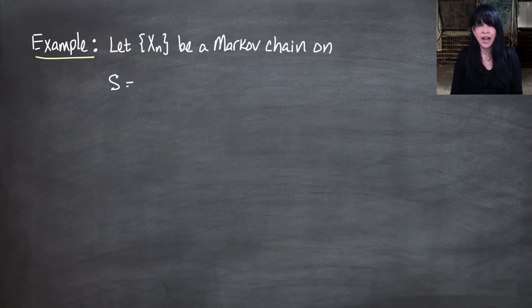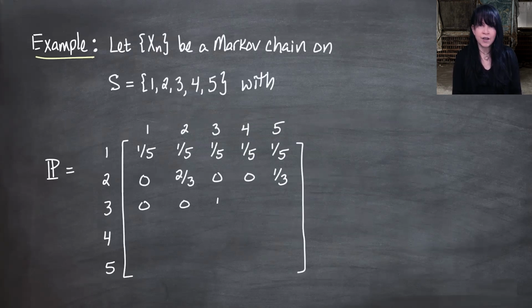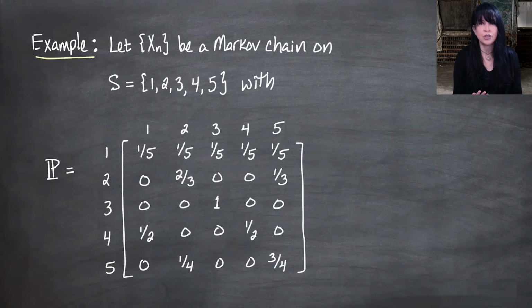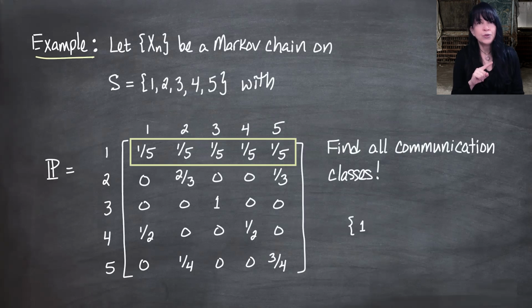So if this doesn't make sense, let's look at an example. I'm just going to make up a Markov chain with states 1, 2, 3, 4, 5, and here is a transition matrix. And what I'd like us to do is to find all of these so-called communication classes. So I'm going to start with state 1. You can see that I can go from state 1 to any other state in the entire state space. That doesn't mean I can come back, so we don't yet have communication.